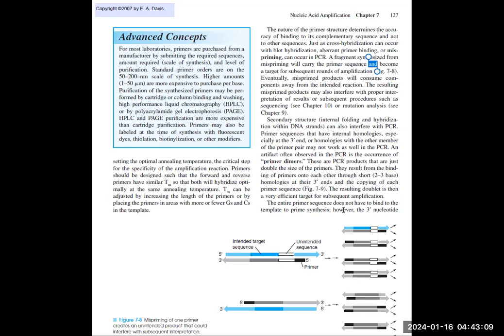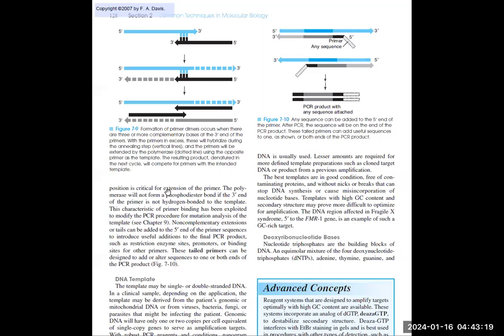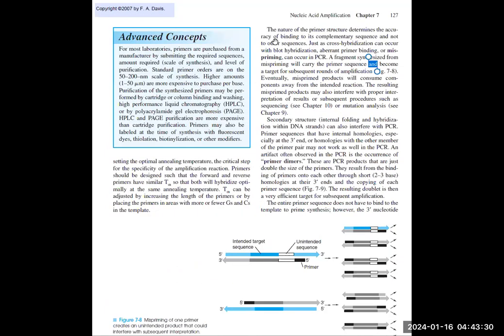The entire primer sequence does not have to bind to the template to prime synthesis. However, the 3' nucleotide position is critical for extension of the primer. So again, guys, we have aberrant primer binding, mispriming.